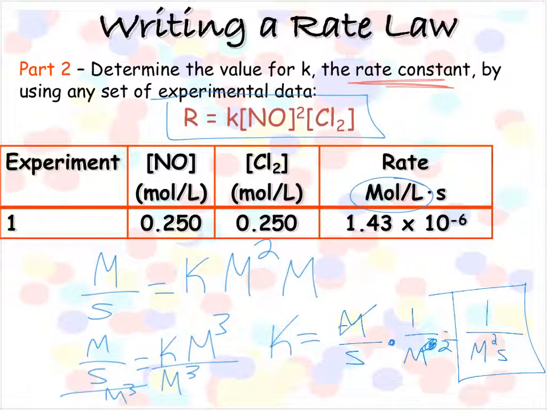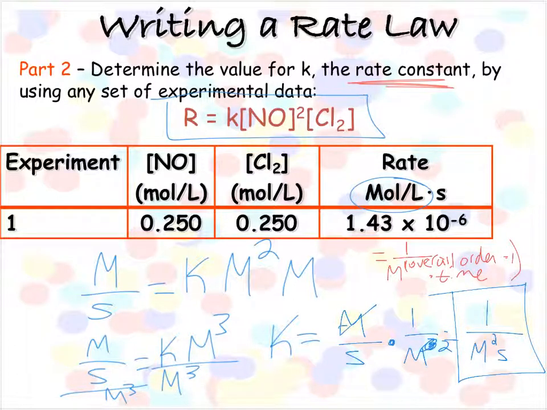If that completely just blew your mind, there's a trick. The units for K are always going to be 1 over molarity, and molarity is raised to the overall order minus 1, like a superscript, and that is multiplied times your time.